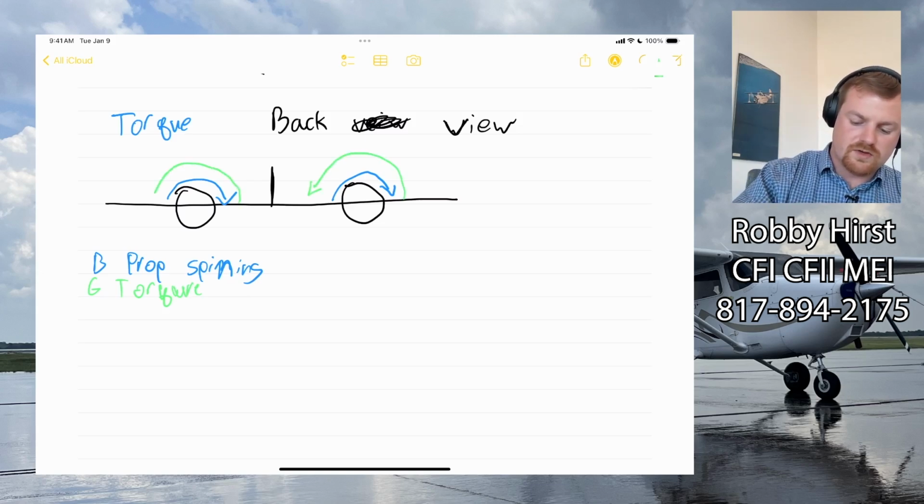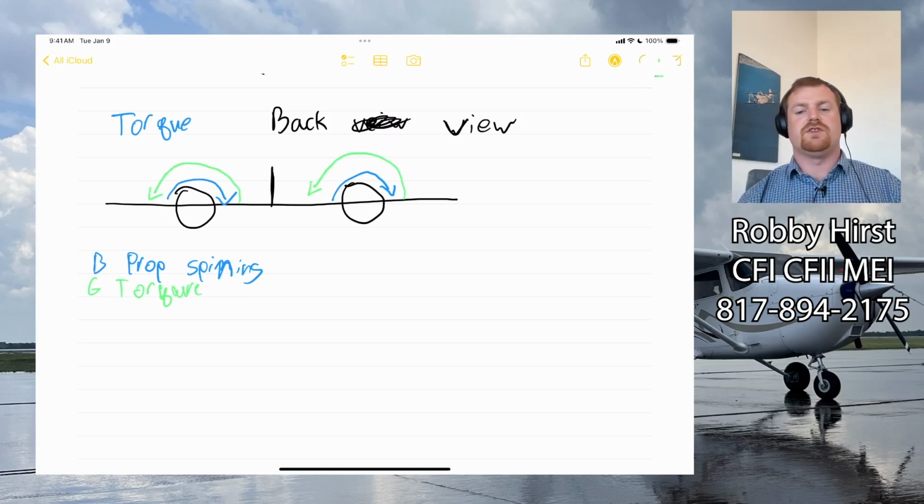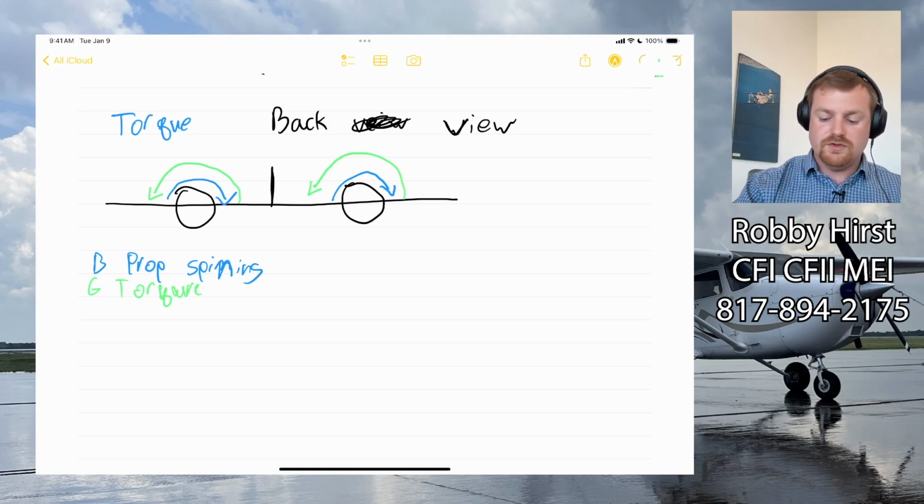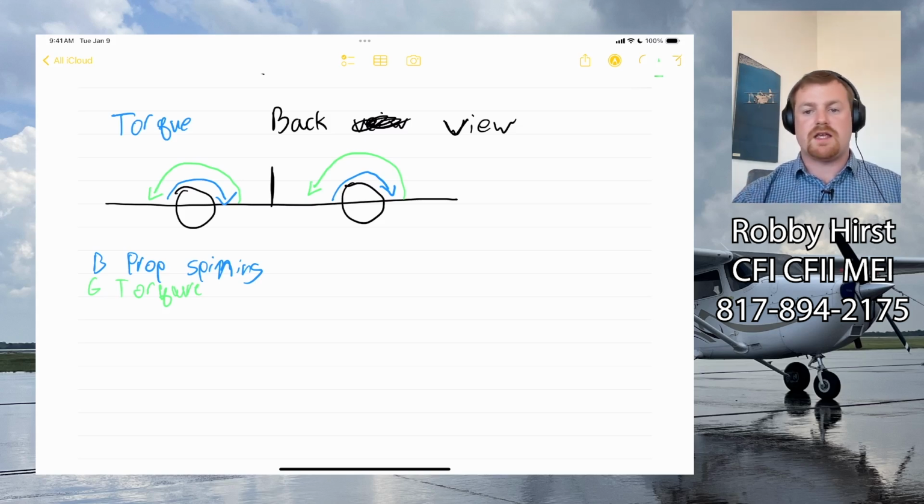So for every action, there is an opposite and equal reaction. So as the engines are, or as the props are turning to the right, they're constantly trying to turn the aircraft to the left. And so you'll notice that if we were to lose our right engine, our torque is coming back into the aircraft, trying to push us into the operative engine.